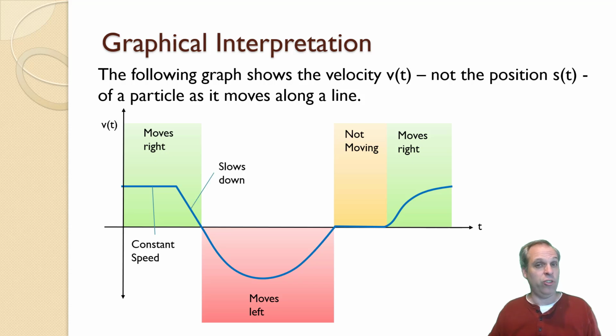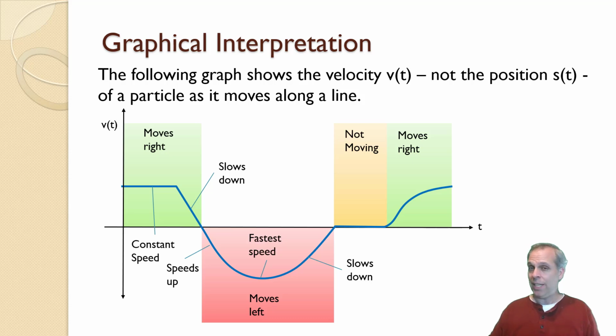In this little portion, the green section, even though the velocity is still positive, you are slowing down. So you're still going to the right, but you're slowing down. In this little section, the velocity now is negative, so you're moving to the left, but you are speeding up. In this little section, you're still going to the left, but now you're slowing down.